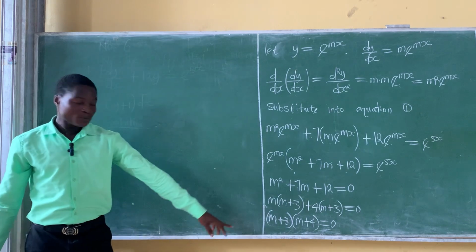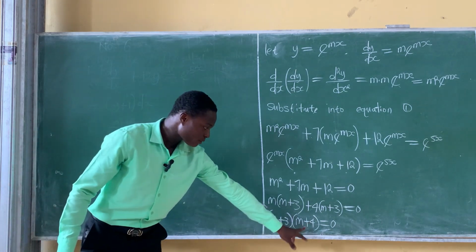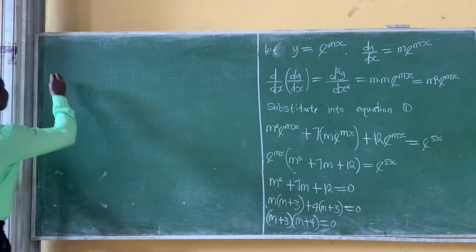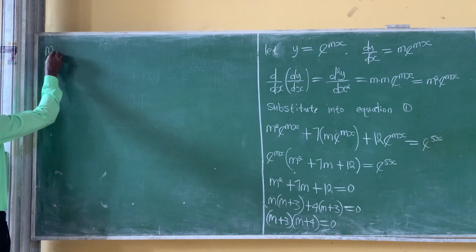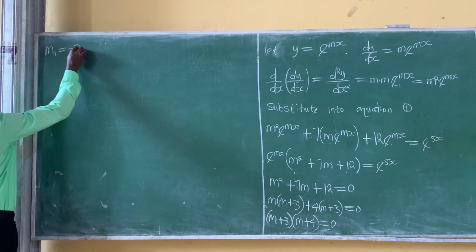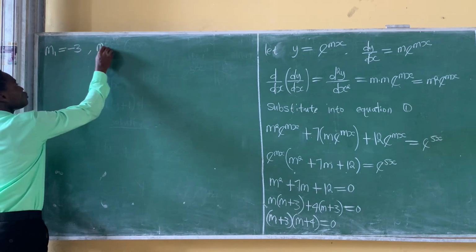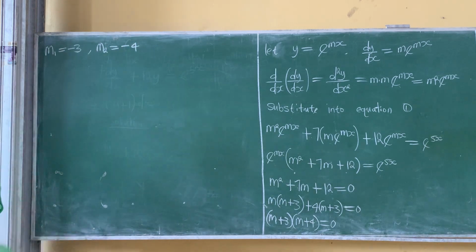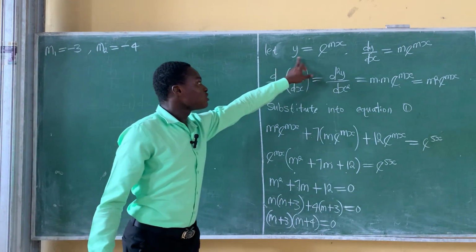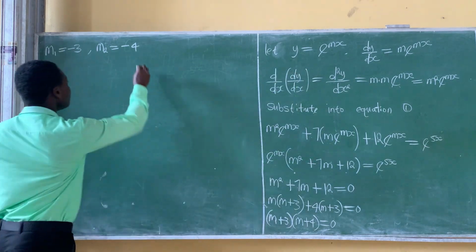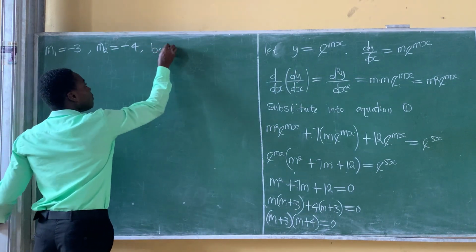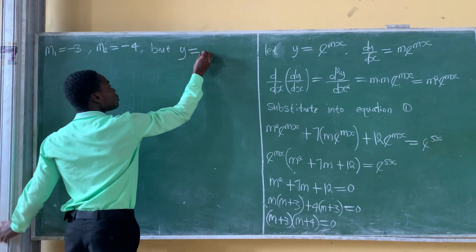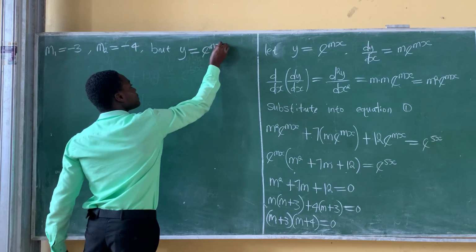From here, it means that we have m equal to minus 3 and m equal to minus 4. So we can call the first m1 equal to minus 3, and m2 equal to minus 4. But we said that y is equal to exponential mx. So you recall, y is equal to exponential mx.